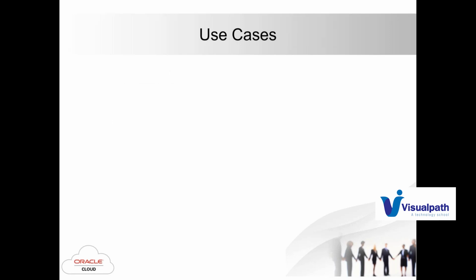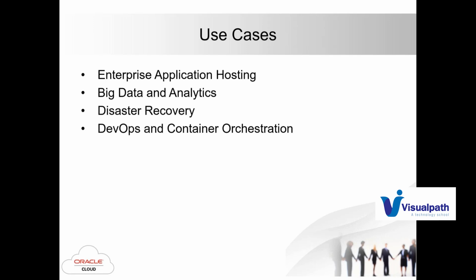So we have Oracle Cloud Infrastructure. Where will you use it? We can use it wherever our application is required. Let's say we are hosting a big enterprise application. Or there are cases where you have your own application running in a data center, on-prem, and you can use Oracle Cloud as a DR setup, disaster recovery.